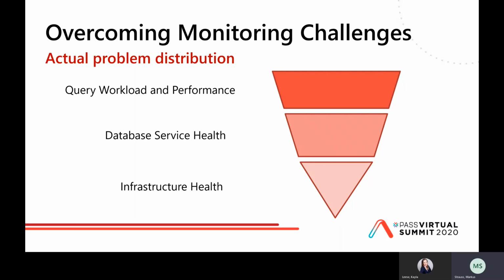At the end of the day, the most important aspect of understanding any sort of database performance is understanding the query workload and its impact on the environment. There are certainly aspects of infrastructure health that can have an impact on how my environment performs. Absolutely. If I have 256 gigs of RAM and half of it goes dark, that certainly will have an impact on how the overall service will perform.